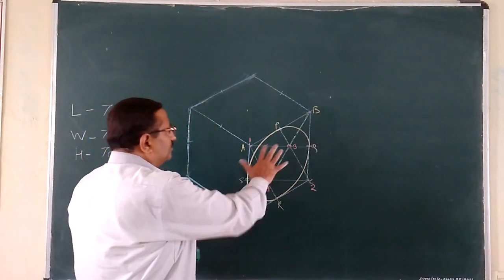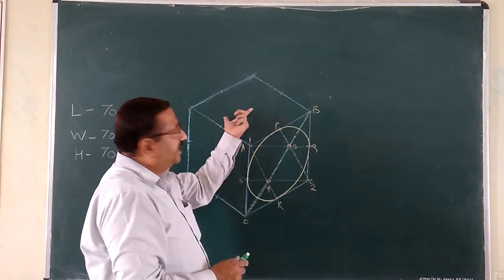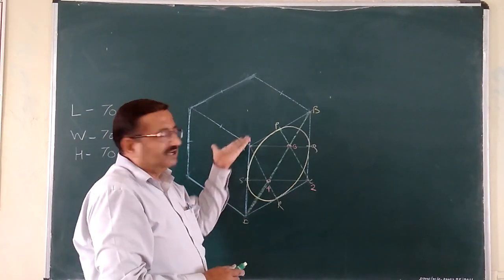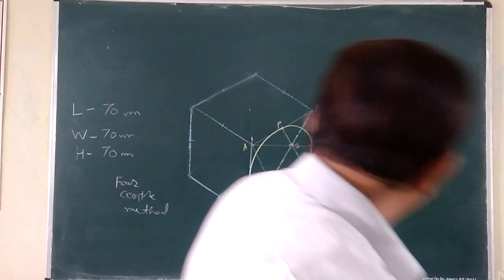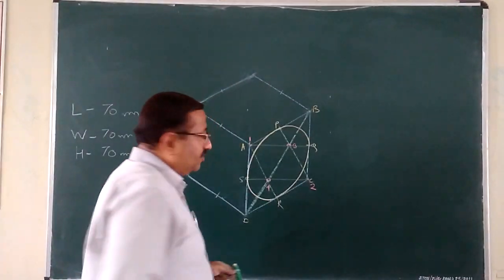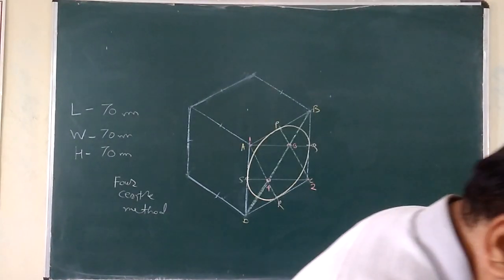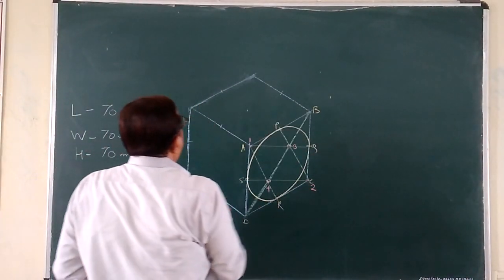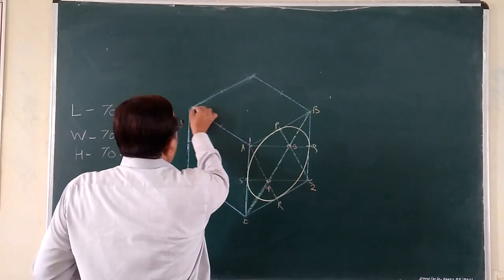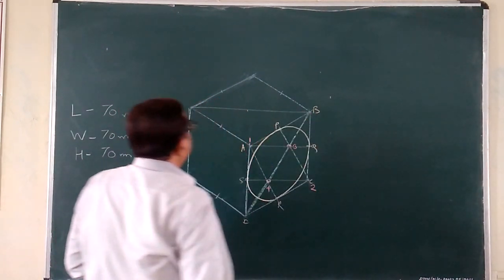The same procedure you have to implement here and here, so that naturally we will have the same kind of ellipse constructed over the top as well as the left face. Now very fast I will finish that task. Centers I have rotated. So the long diagonal first of all I will complete here.